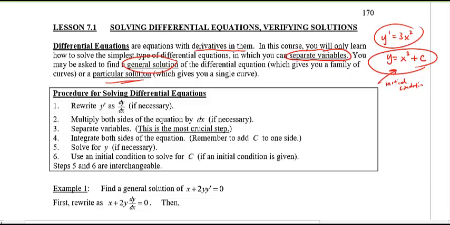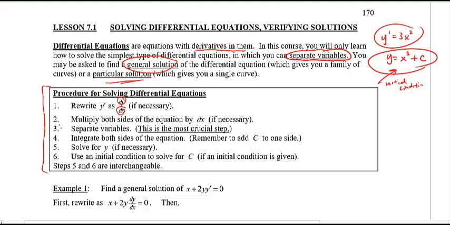Now, there is a nice procedure for doing this, and here it is, so you can read through this yourself. I'd prefer, instead of having y prime, you write things now as dy dx, because when you try to separate the equations, we'll try to separate the y's with the y's and the x's with the x's. Similarly with the dy and dx, those are two separate things.